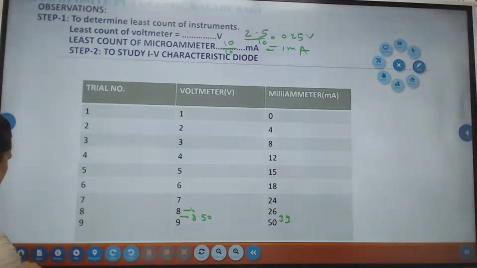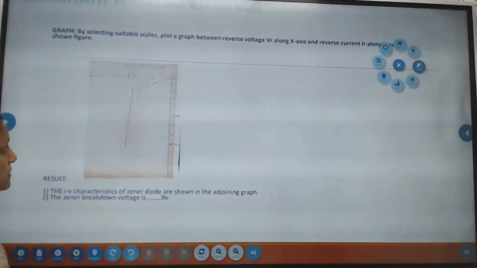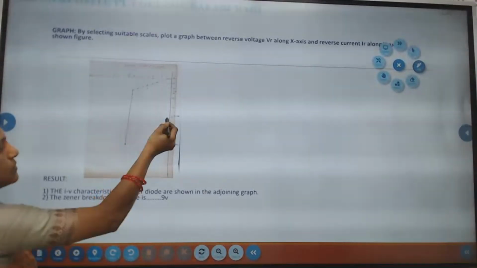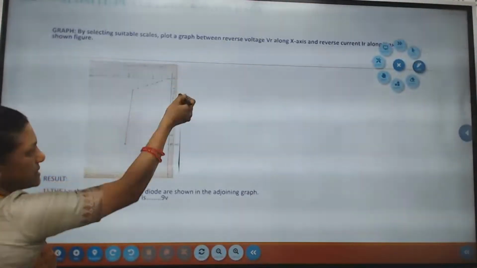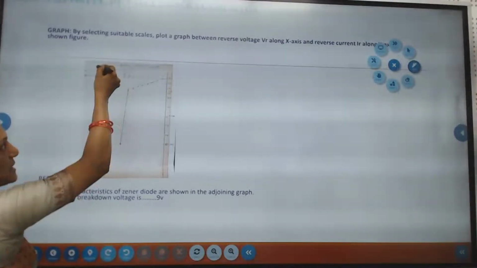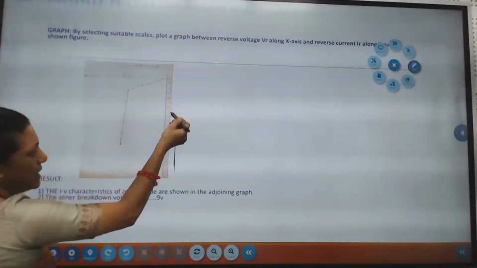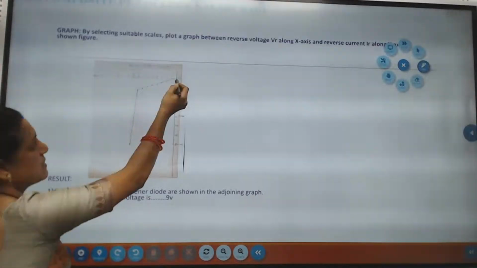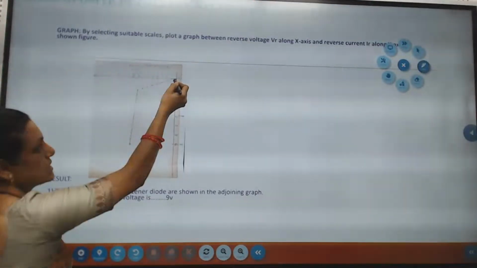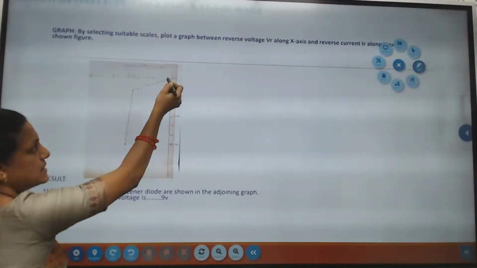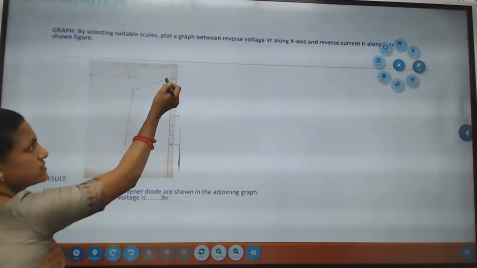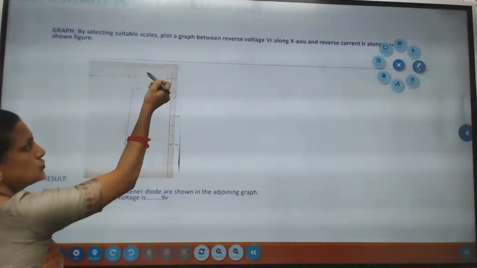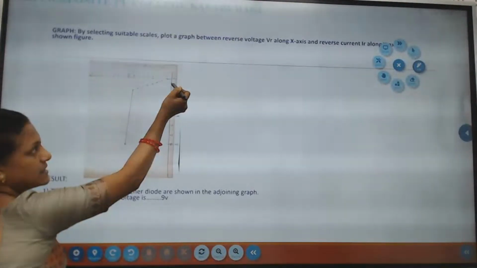In this way, if I draw the graph, voltage versus current, with voltage along the x-axis and current along the y-axis, then up to 1 volt there is no increase in the current in the milliammeter. But as I go from 1 volt to 2 volt, a slight increase in the current takes place.